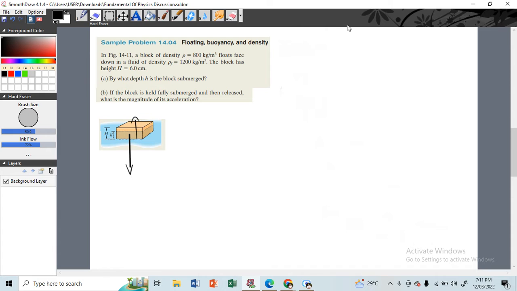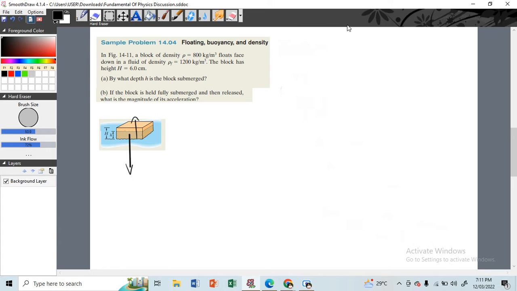A block of density rho equal to 800 kilogram per meter cubed floats face down in a fluid of density rho f equal to 1,200 kilogram per meter cubed.